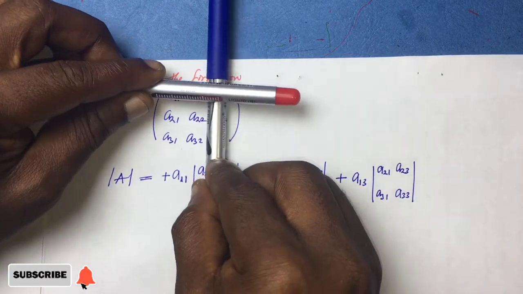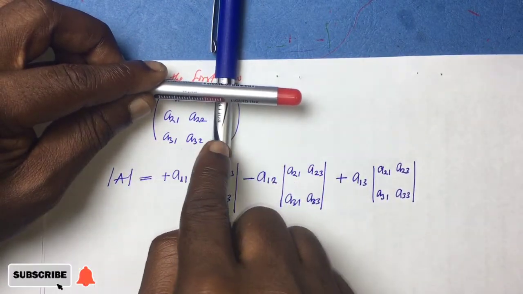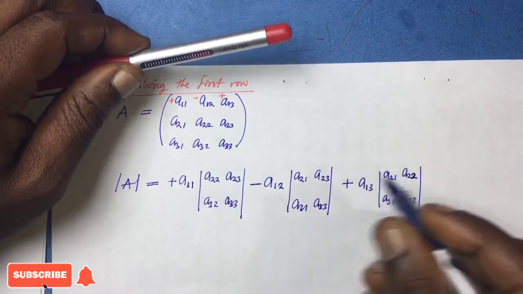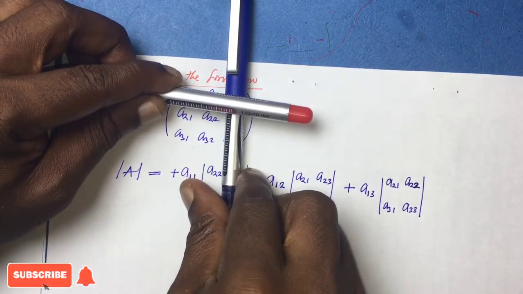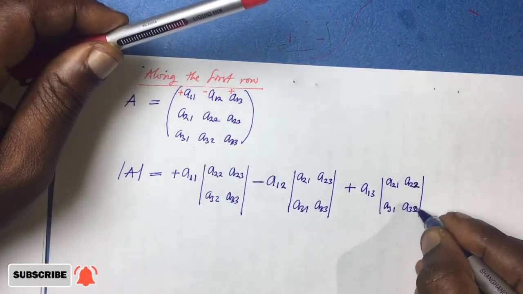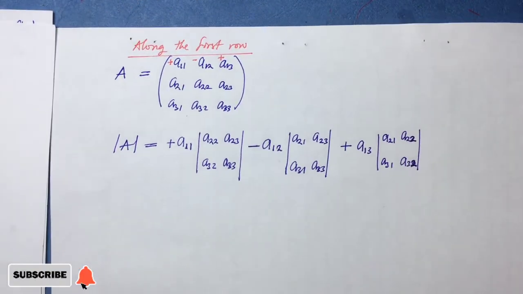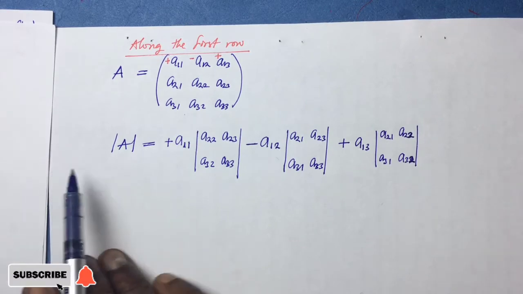So this is A21, A22, sorry. So this is A22, then A31, A32. So I've corrected this. Now that is if you wanted to obtain the determinant of this matrix along the first row.